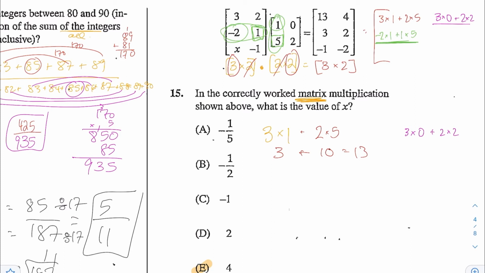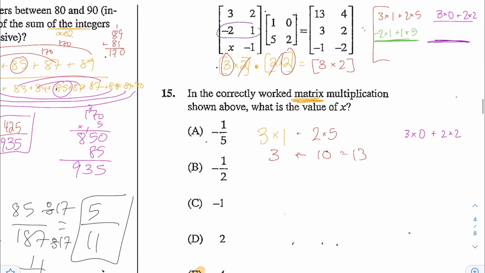And that's negative 2 plus 5, which is positive 3. So it makes sense. Then for the next one, you would have the same negative 2 and 1, with 0 and 2. So it's negative 2 times 0 plus the next set, 1 times 2. And that's how you get 2.